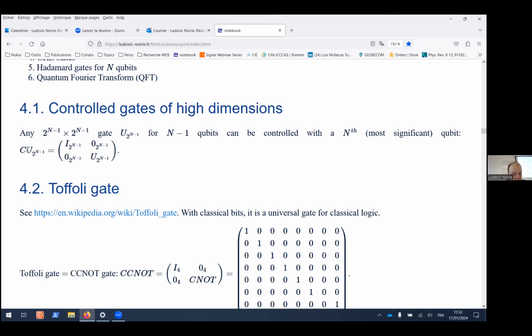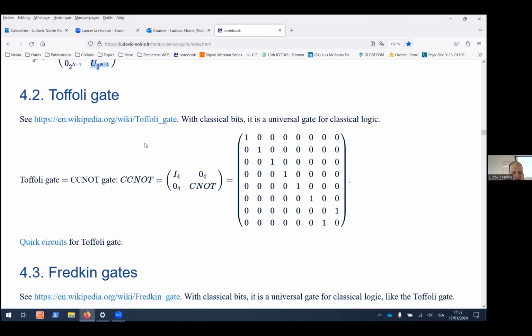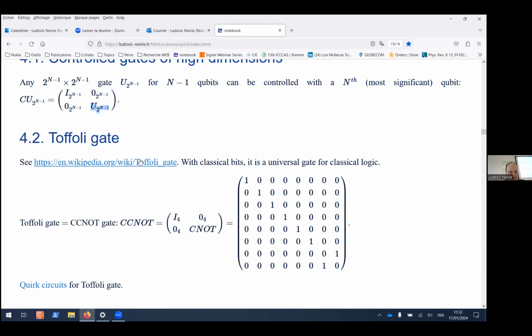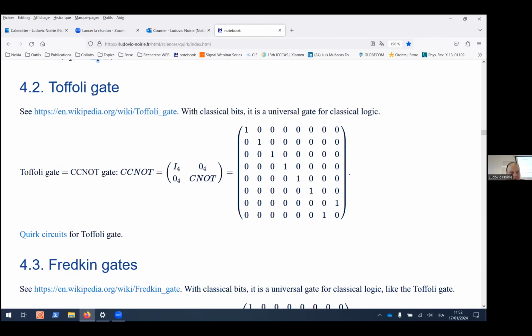If the most significant qubit is equal to 0, then you do nothing. If the most significant qubit is 1, then you apply the operator that you have on n-1 qubits. By repeating this, you can have control gates with many qubits.